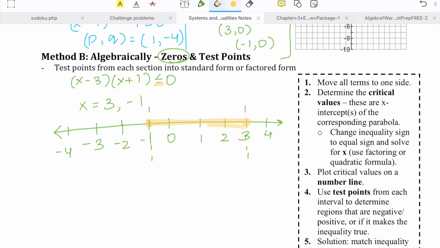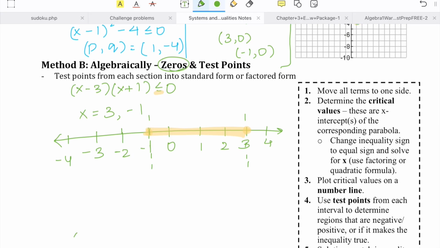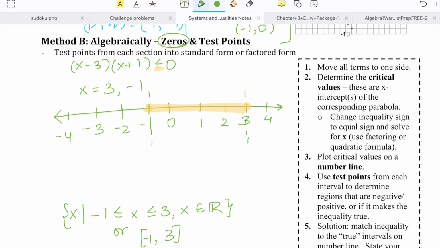That means my solution is going to be x such that x is greater than or equal to -1 and less than or equal to 3, and you can also write it as [-1, 3]. Remember, you'll use square brackets because the solutions 3 and -1 are included in the solution.